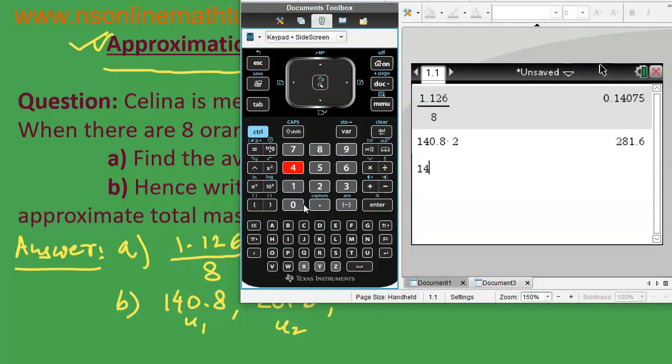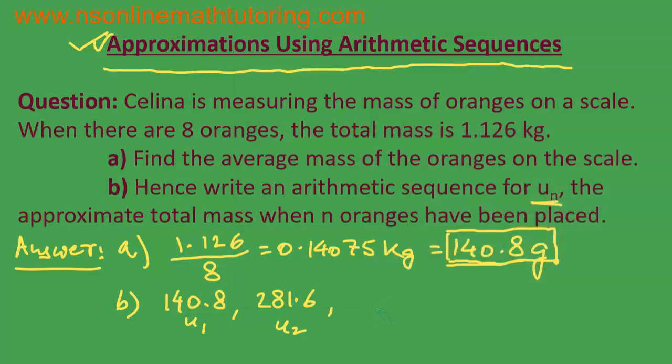140.8 times 3 is equal to 422.4. This is U3. Therefore, what is the common difference? The common difference is again a constant. It is equal to 140.8.